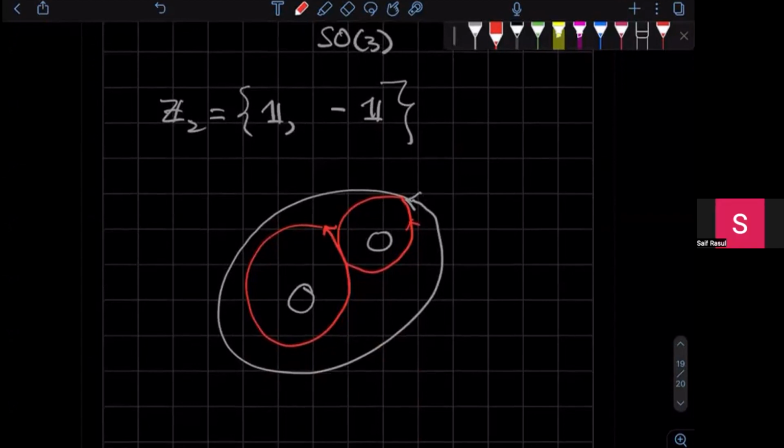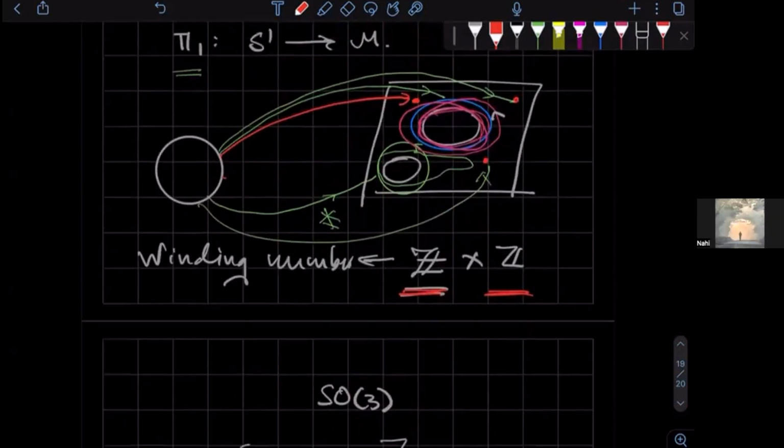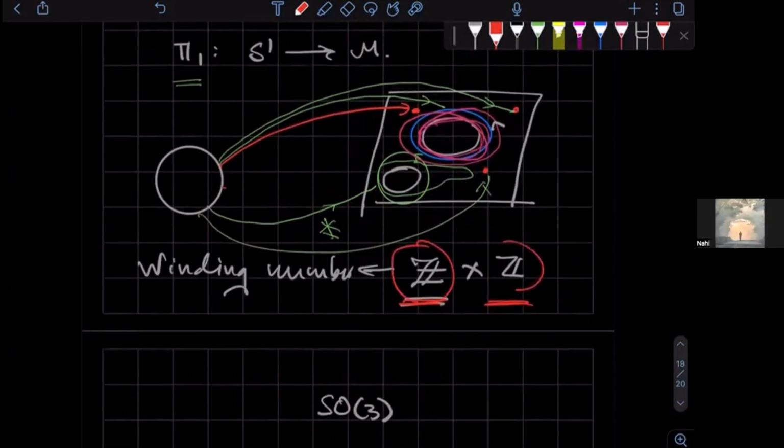Sir, if SO3 has a fundamental group that's isomorphic to Z2, does that mean that it has two holes? No. This guy has two holes.